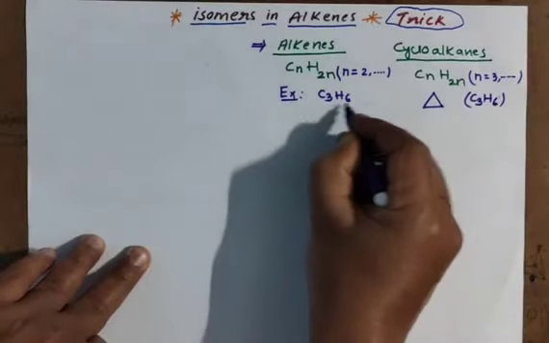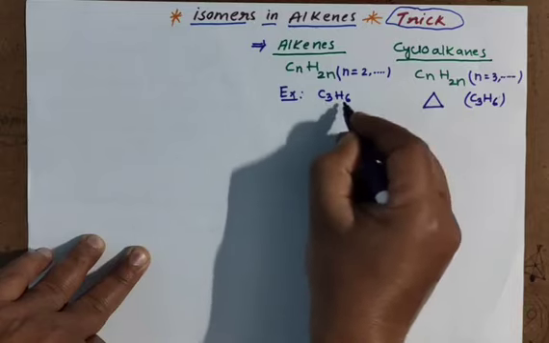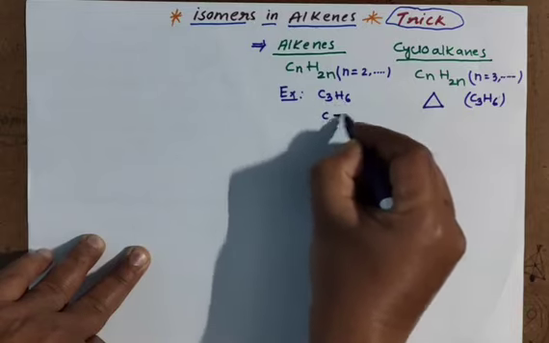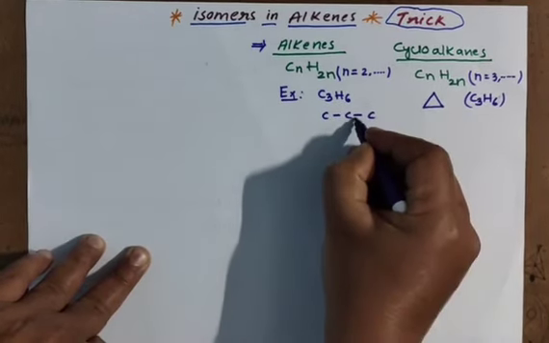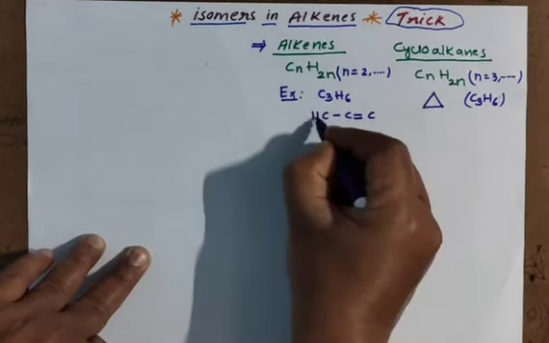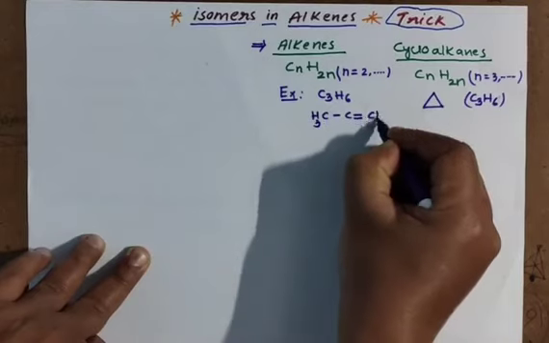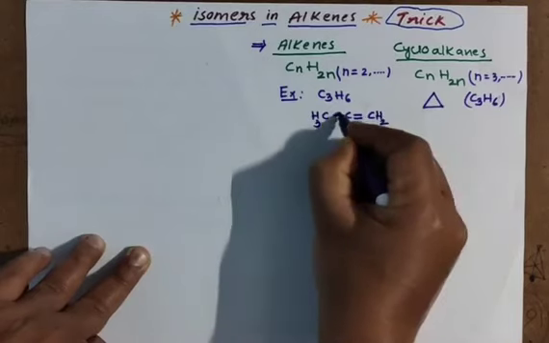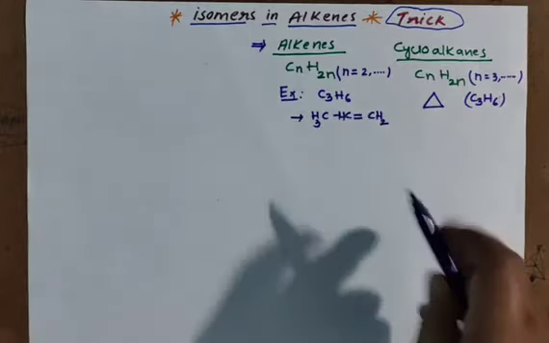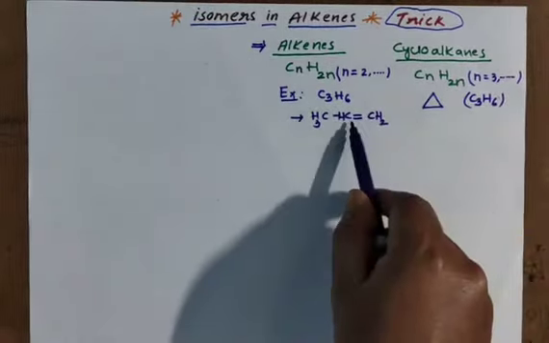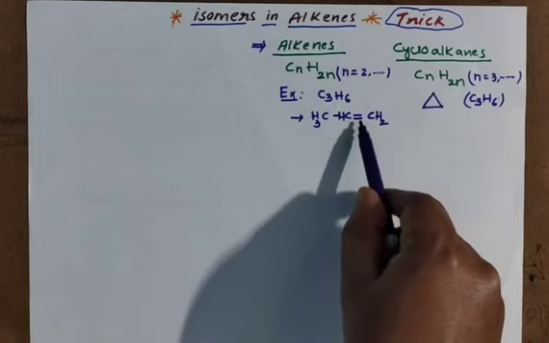And here we have C3H6 with the 3 carbons. Alkene means we have to take a double bond. See, same formula, but this is open chain with unsaturation.